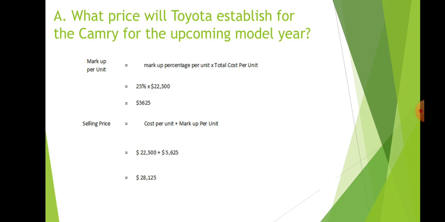$5,625. So to get the supposed selling price of the unit, to meet the requirement of Toyota, we know that the selling price is cost per unit plus markup per unit. So 22,500 plus the markup of 5,625.